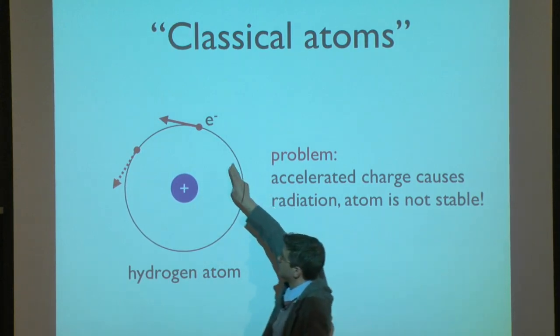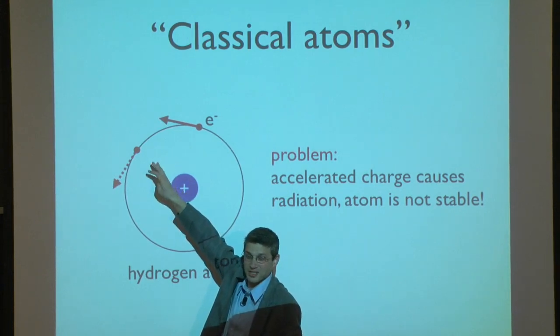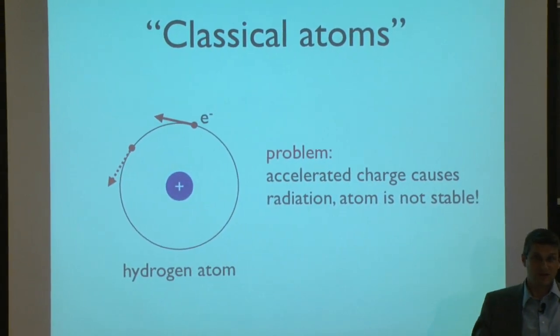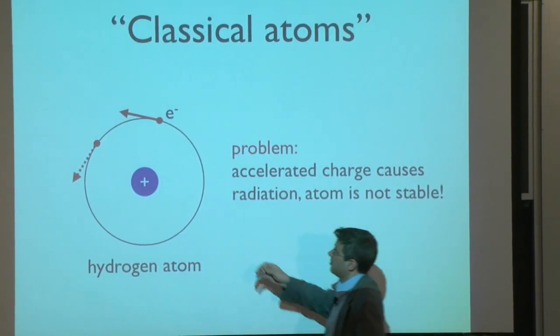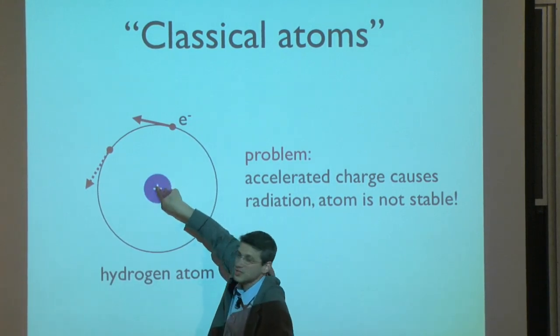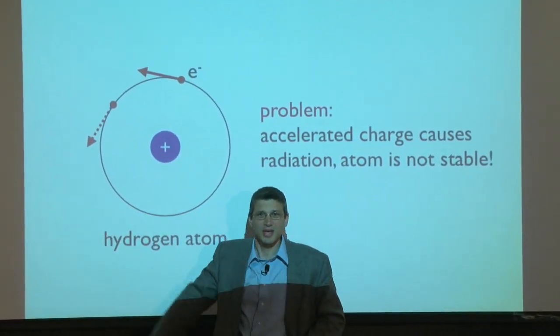In some situations, they knew it very well to be true. That's what a synchrotron is. But then this should just spiral and collapse into the center here, right? Why doesn't it do that?